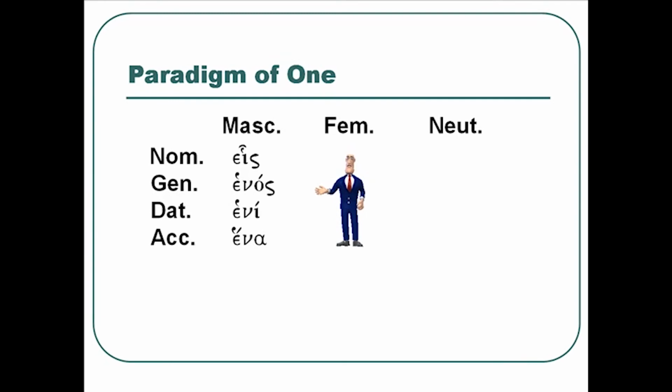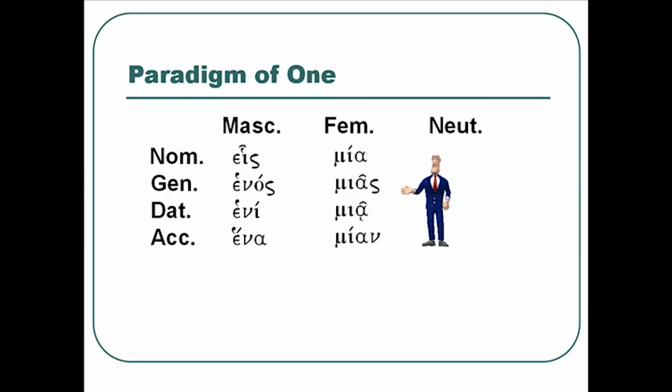The genitive form is henos, the dative form is heni, and the accusative form is hena. The feminine comes as mia, and then mias, mia, mian. So you have the a, as, a, an endings that give you the nominative, genitive, dative, accusative, so that's not too bad. You just got to remember that mia is 1 in the feminine.